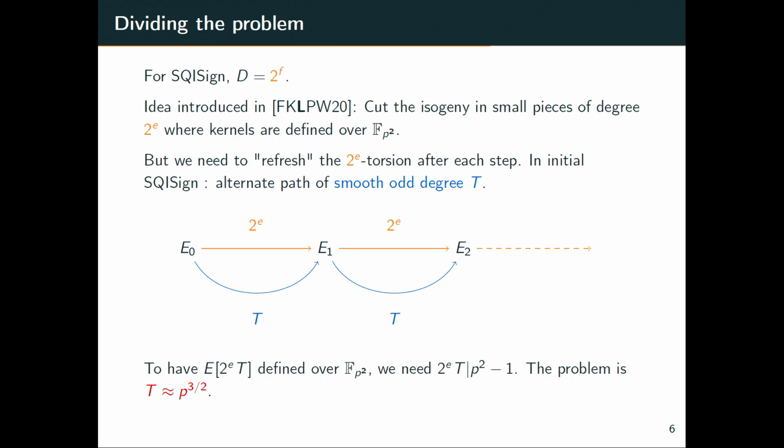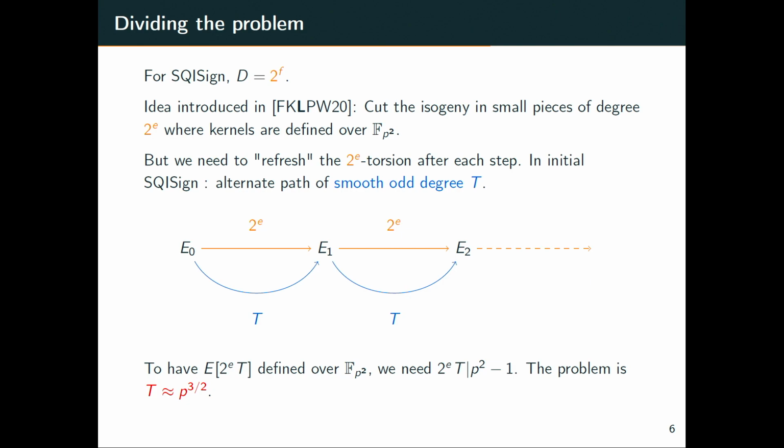But here the problem is that I actually have a constraint on the size of T. Because this alternate path, we find it using, once again, some techniques over the quaternions. So I'm not going to explain how this works, but once again, we find something which is quite huge. Fortunately, it's not too big, and in particular, it's smaller than p^2, because otherwise I wouldn't have any hope to solve this.